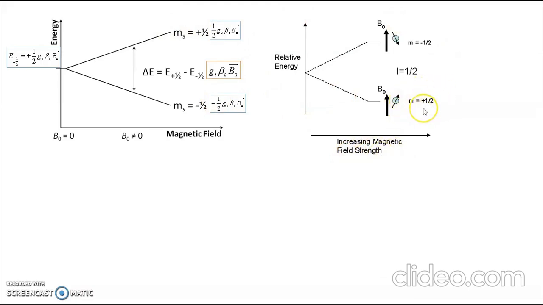Since it is a proton, plus half will be the lower, and for the electron, minus half will be the lower. That's the difference, and there is also an energy gap, which is g_n beta_n B_z. Here you might think there will be a negative sign, but I have said already that I am taking the modulus; I am not concerned about the sign.